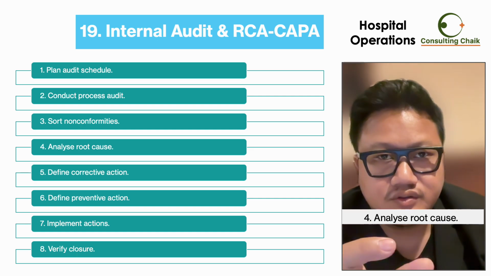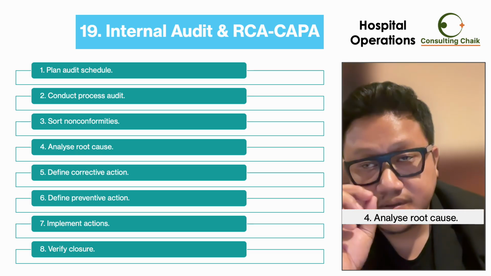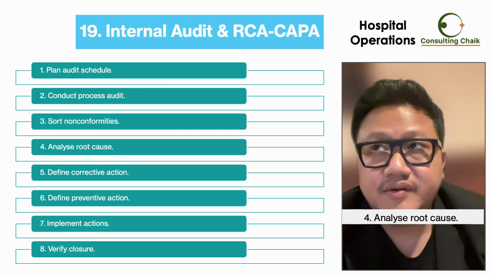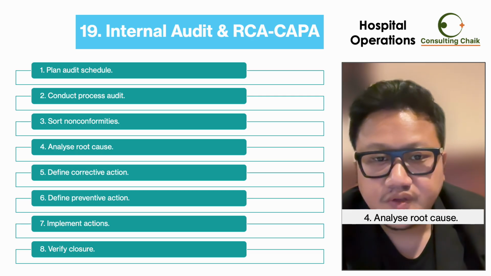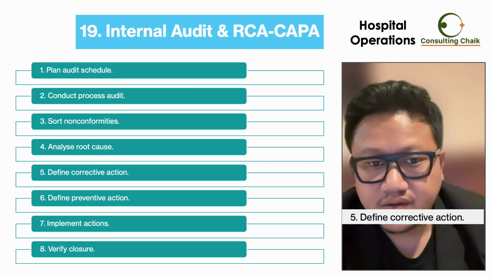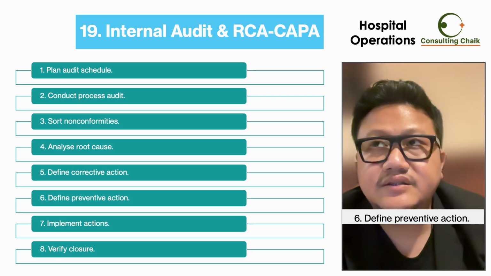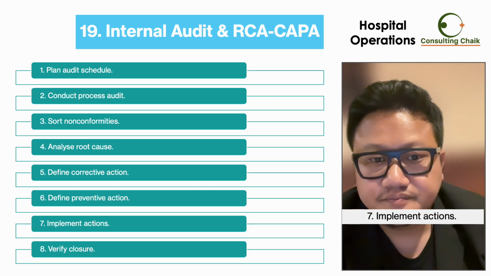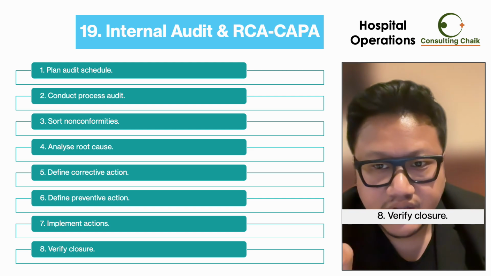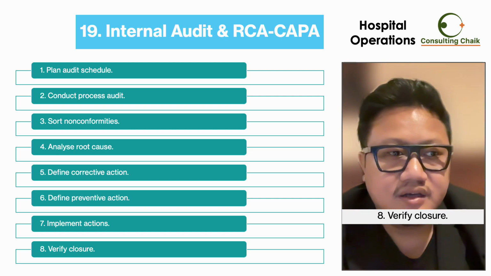Then the root cause is identified for each objective element, and the required corrective action and preventive action is given: what needs to be done to close the gaps. So defining corrective action, defining preventive action, then implementation, closing the gaps, and verifying closure.